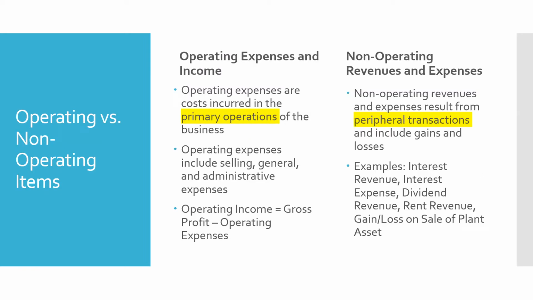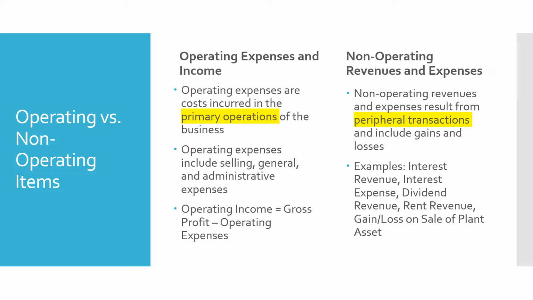So what are operating versus non-operating items? Operating expenses are costs incurred in connection with the primary operations of the business. If we are talking about Target, their primary business is buying goods for resale, and any of the costs incurred in connection with that are going to be operating expenses.